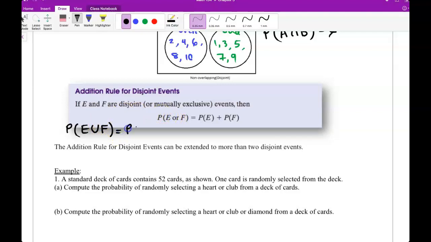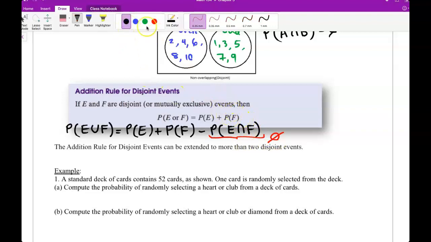And that is equal to probability of E plus probability of F minus probability of E intersection F. In this case, since we have disjoint events, this one is the empty set. That's why we have nothing on this part.